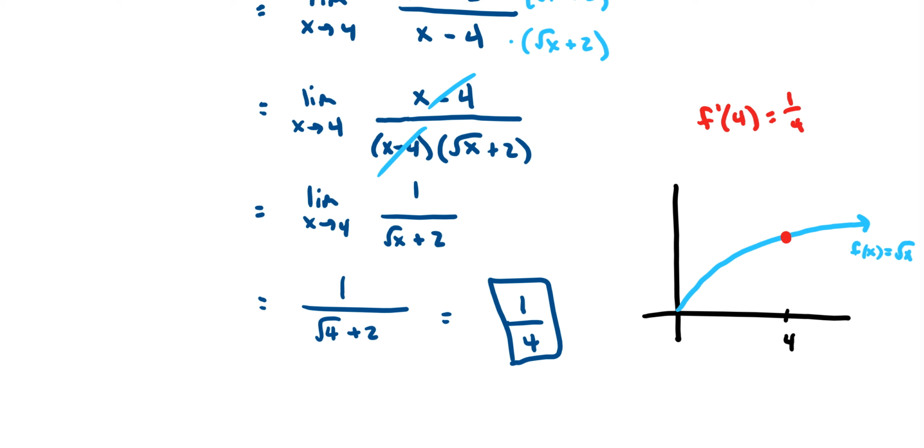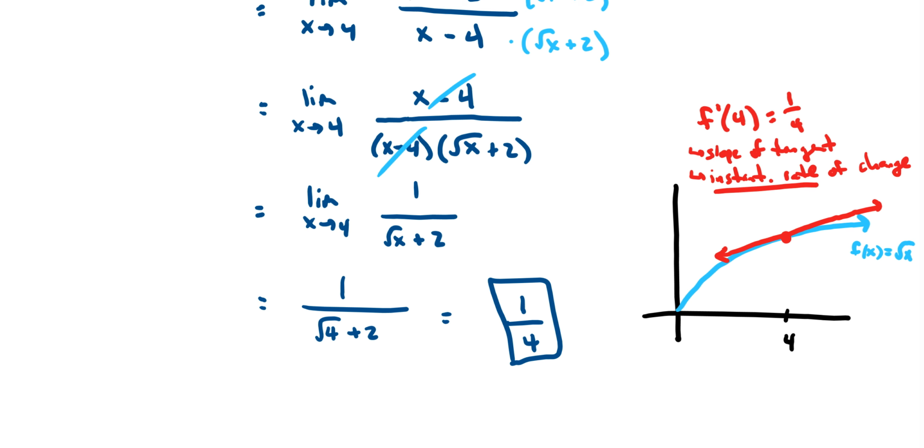So what that actually represents is the slope of that tangent line at x equals 4. So that seems reasonable, right? Just by this rough sketch, it looks like the slope of that line looks like 1/4. And it also represents the instantaneous rate of change of the function at that point. Or you can think about the instantaneous rate of change as just the slope of the function at that singular point.